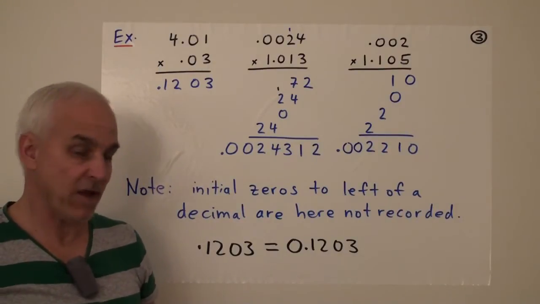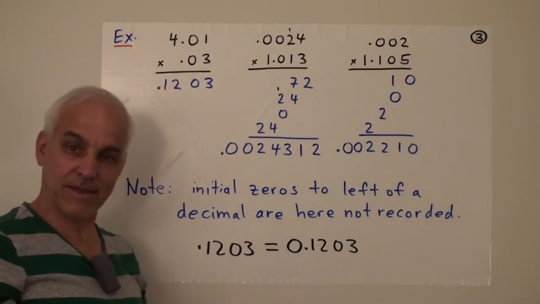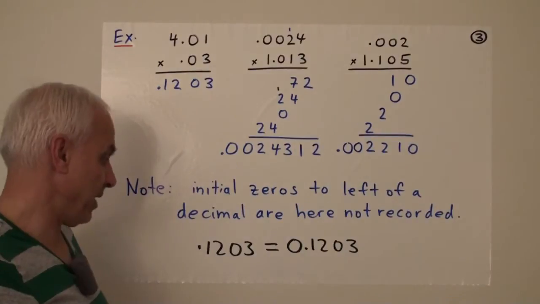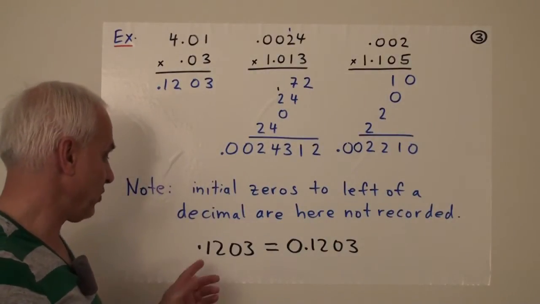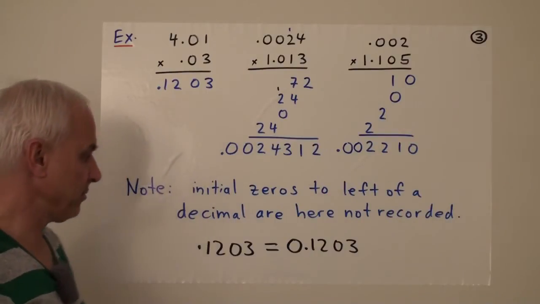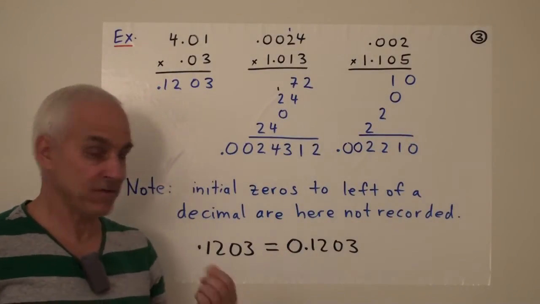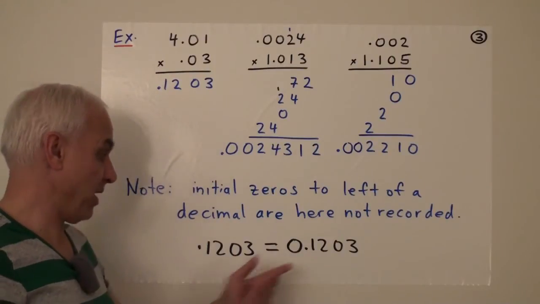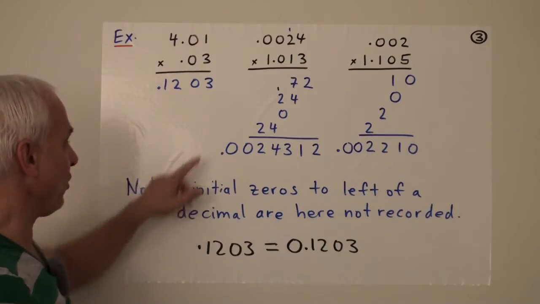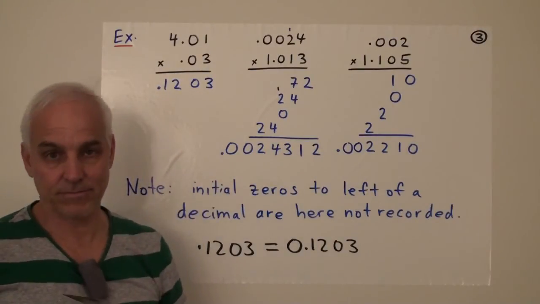It's a matter of convention whether we want to do that or not, and I'm not going to do that, to make things a little bit simpler and a little bit more elegant, but we have to just make sure that we don't risk confusing decimal points with periods. So if your teacher insists on having a 0 to the left of a decimal when you have something like this, well, then you can do it. All right? So in that case, you put a 0 here, and a 0 here, and a 0 here, to the left of the decimal.